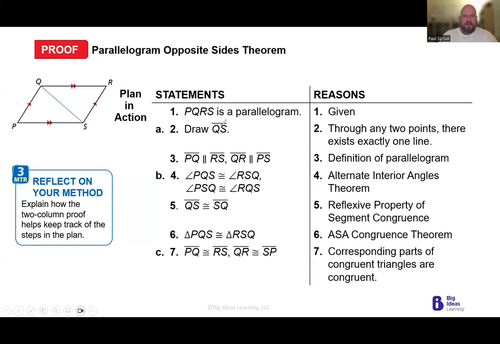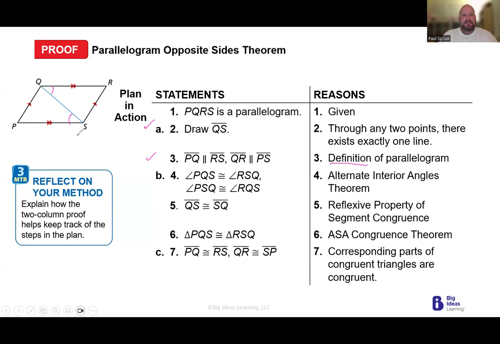So we had the line drawn, right? Now we have these lines are parallel. Why? Definition of parallelogram. But then, because of that line, we have some congruent angles. Again, since we have parallel lines, this line is going to be acting as a transversal.